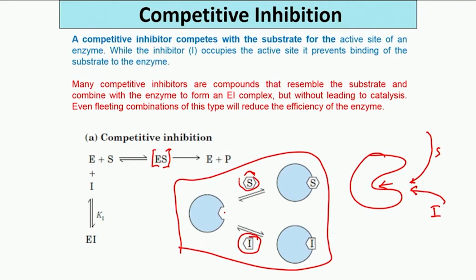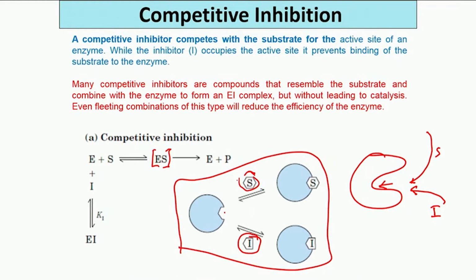So, this can also bind here at the same time. Now, how does the enzyme lose its efficiency? Because some of the active sites will now be occupied by the inhibitor at a particular time point. Both are competing with each other to bind, but there is only one available chair to sit.